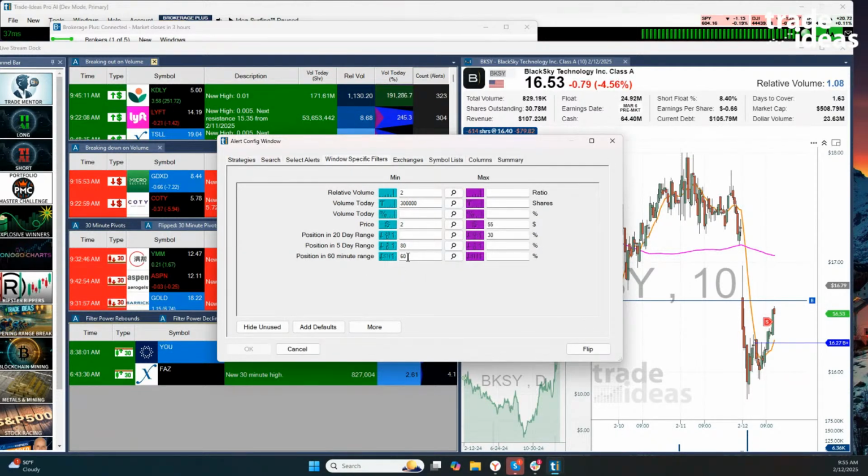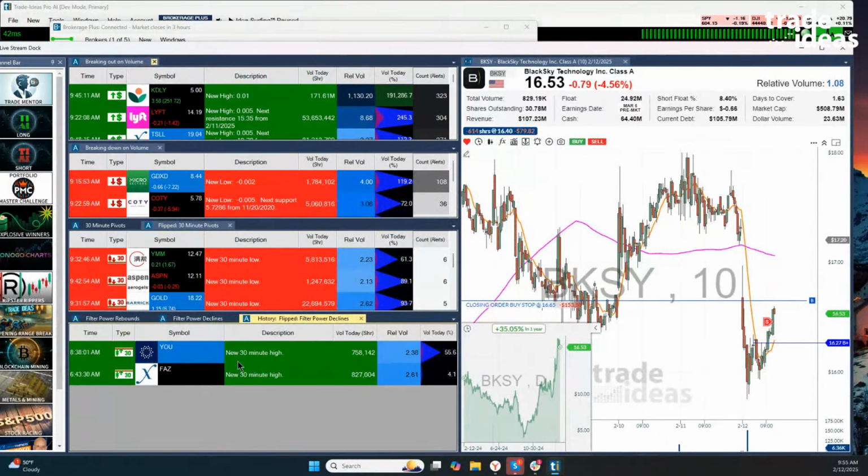Where is it when I see it over the last hour? Where is it in its last 5 days? But contrast that to its 20 days. Low on the 20, high on the 5. That's how you make the rebound. Low on the 20, whoops, high on the 5.